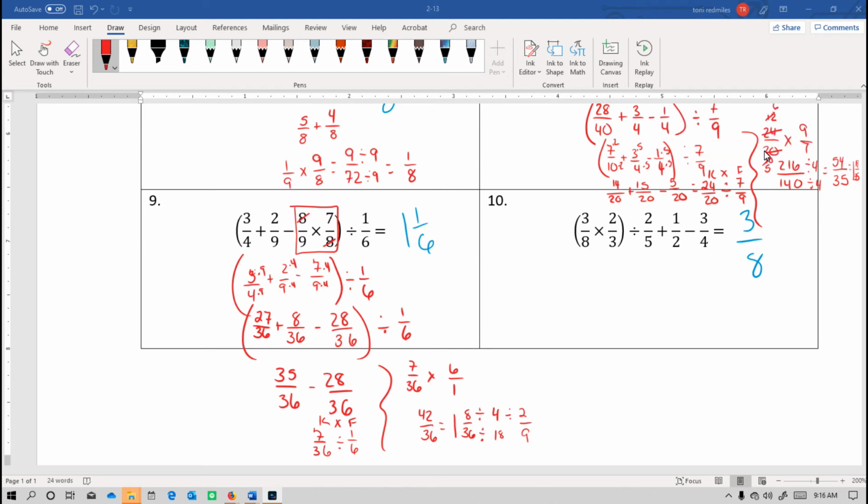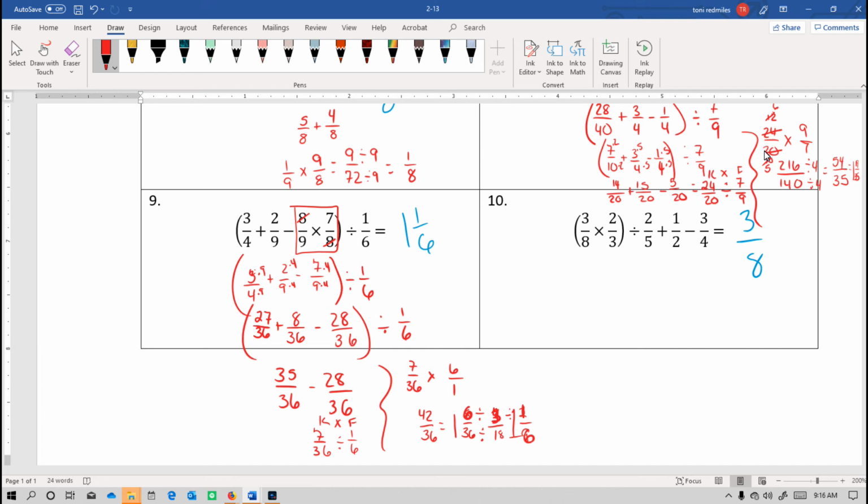All right, so when 36 goes into 42 one time, the leftover is actually 6, not 8. So when I divide by 2, I get 3. We'll just divide by 2s, even though we can reduce that better. Okay, so 3 over 18. Well, 3 goes into both numbers, so 3 goes into 3 once and into 18 6 times. Bring my whole number in front, and the answer is 1 1/6.